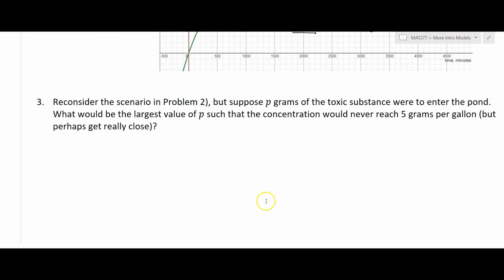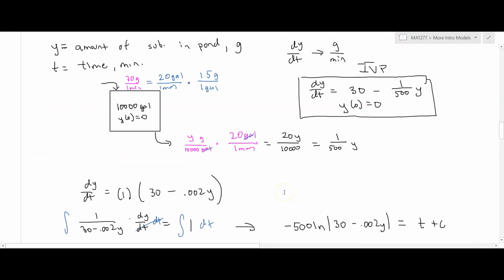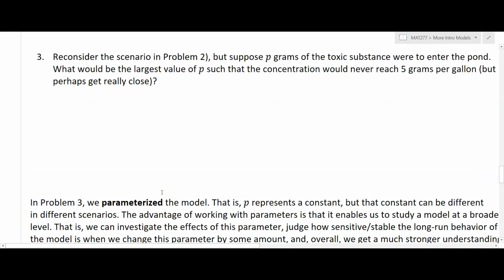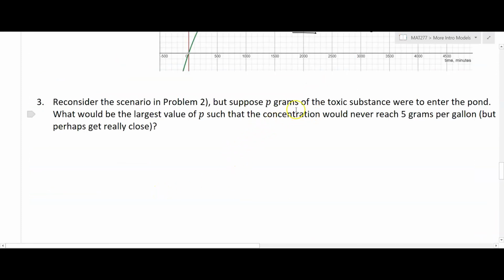Now let's reconsider this scenario, but let's instead suppose that p grams of the toxic substance were to enter the pond. Up here we assumed that p was equal to 30, and down here we want to figure out what the largest value of p would be so that we would never reach 5 grams per gallon, but that we could get infinitesimally close to that value.